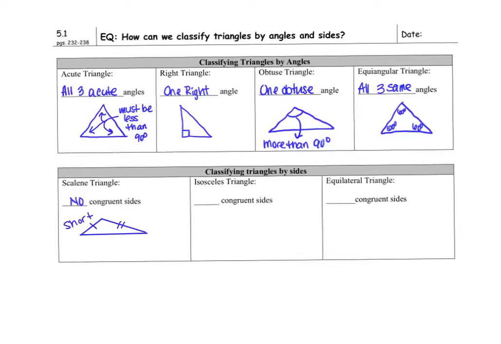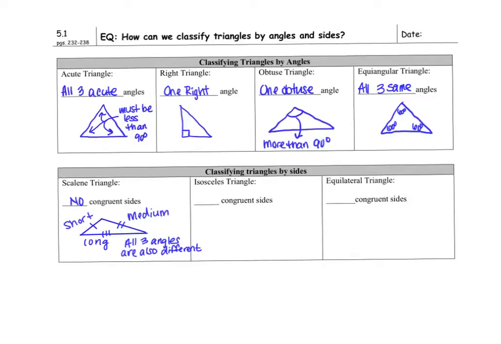We can use two little marks to represent the medium side, and then three marks to represent the long side. Because there's 1, 2, and 3, you know that these are three different lengths and that none of them are congruent.